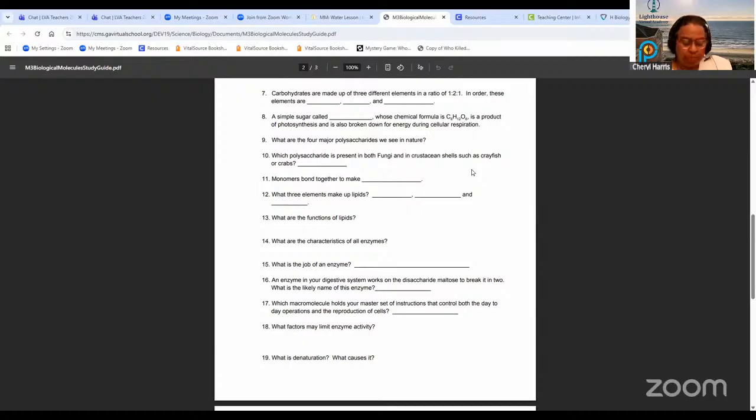Starch is considered a polysaccharide. Pectin is also considered a polysaccharide. It's the sugar that you're going to find in jelly and jam. You use that to make jelly, jam. All right, that's number 10.